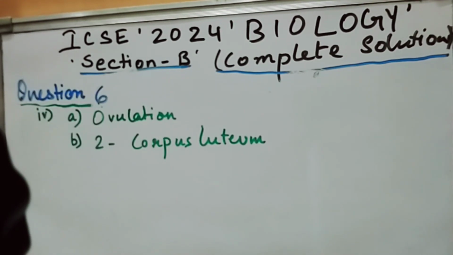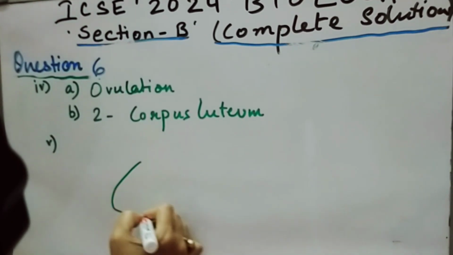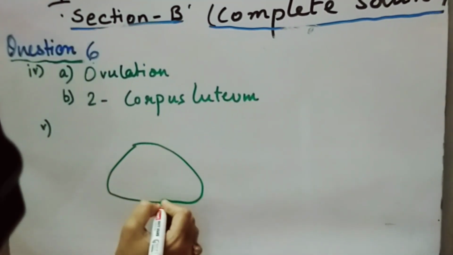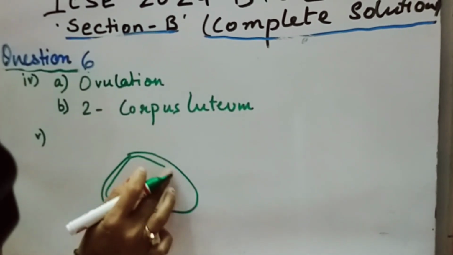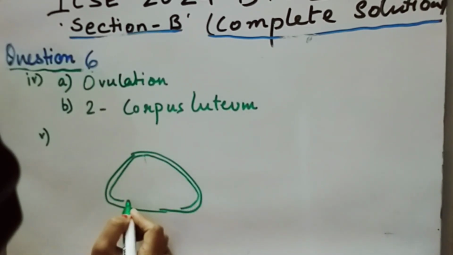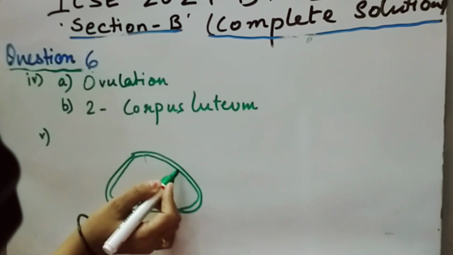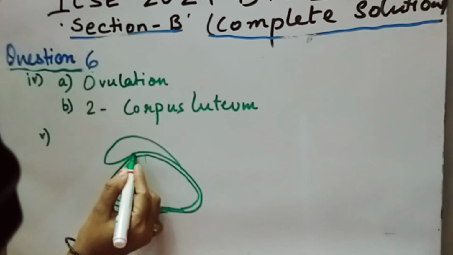And the next one is draw a neat and labeled diagram of chloroplast. I'm just giving a sketch of chloroplast. A double membrane structure you have to draw, with inner and outer membrane. A flap-like structure is also present in the book, which has opened.